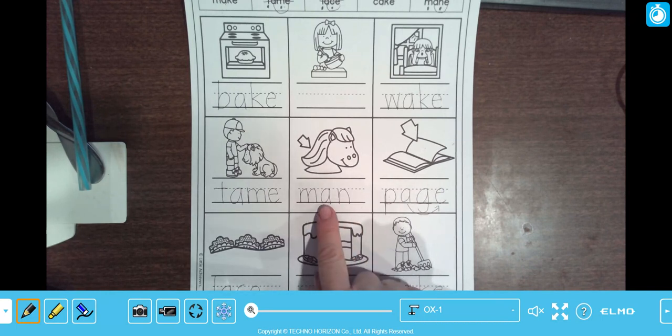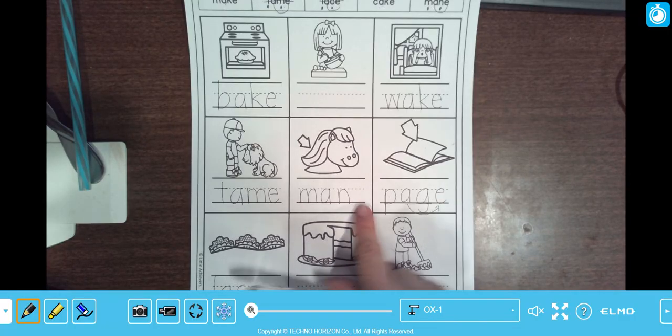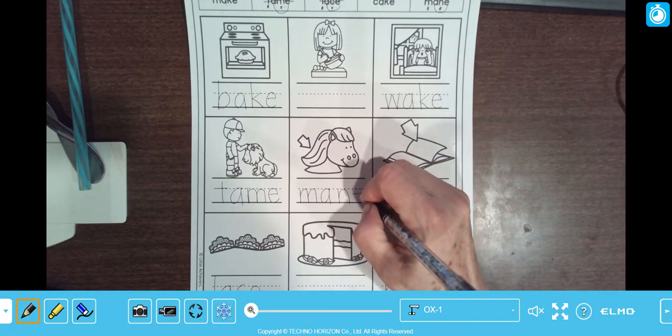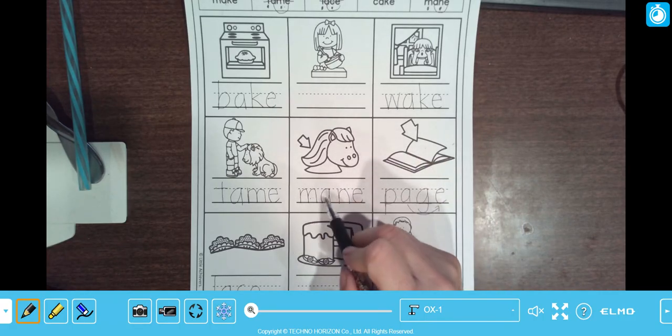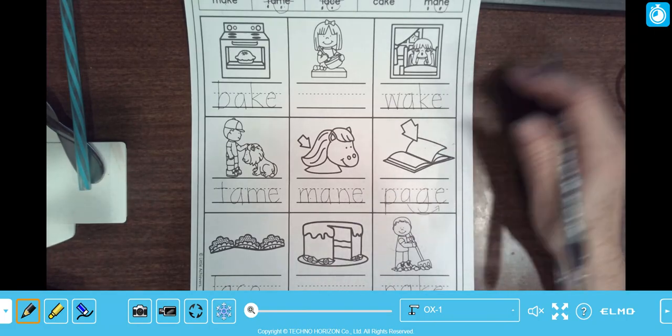We want to change this from an A to an A sound. So we're going to have to add that silent E at the end. Mane. Go ahead and write that down.